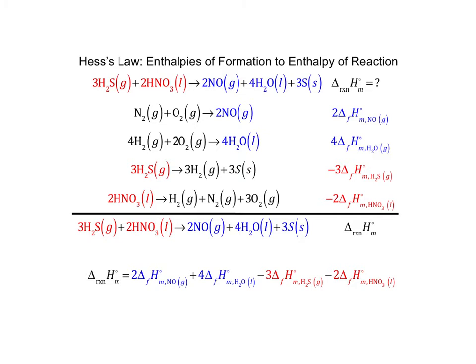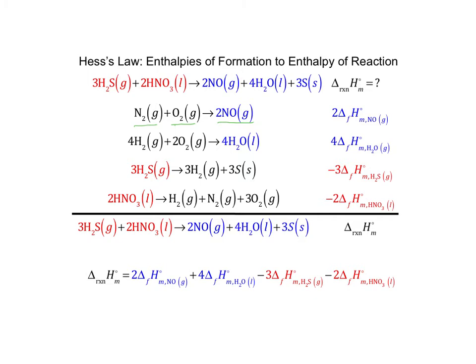And so if we work to find the enthalpy of formation from the table. So in the table, when we see the enthalpy of formation of NO gas, that means that we're going to take N2 plus O2 to form two NOs.